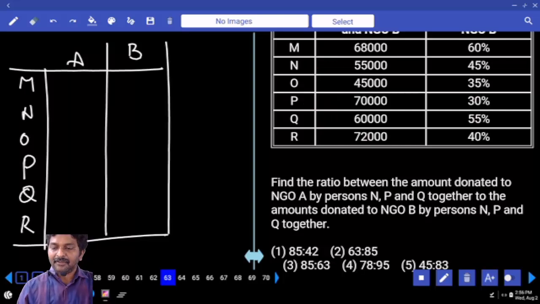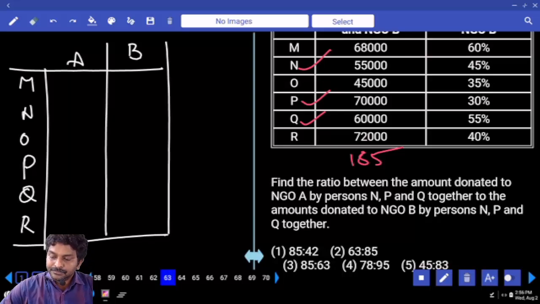So we need to have A values and then B values. N, P, Q. 130, 185, 127, 148, 170, 128. NPQ, right? NPQ 130, 185.